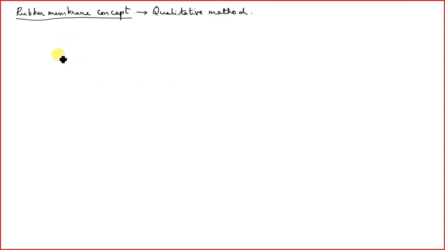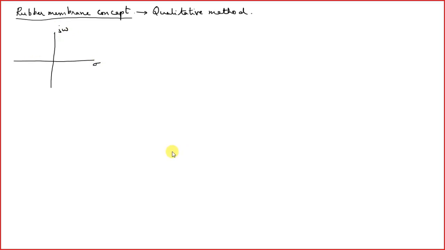Okay. So let us draw the S-plane. This is our S-plane. This is sigma. This is the j omega axis.